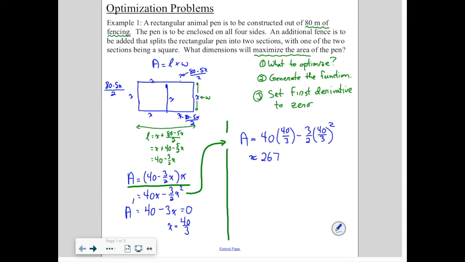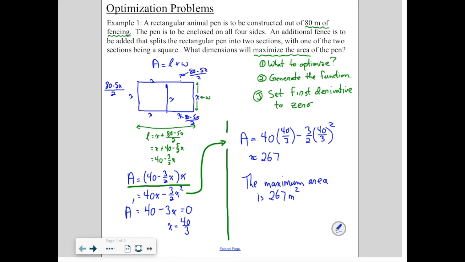And since this was all measured in meters and this is area, this would be 267 square meters. So let's answer the question. The maximum area is about 267 square meters.